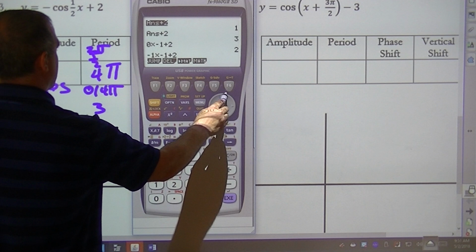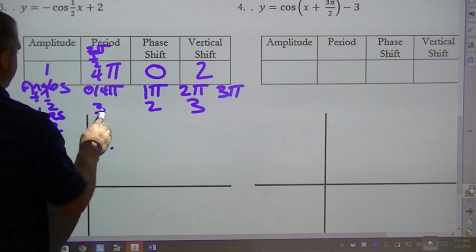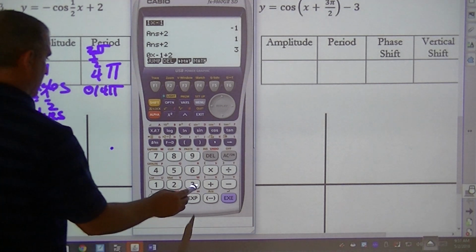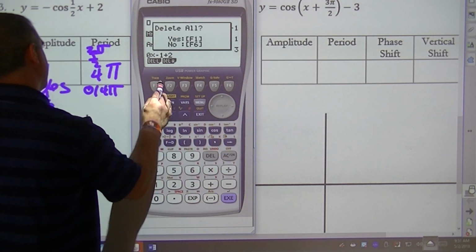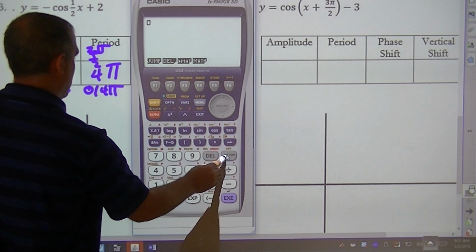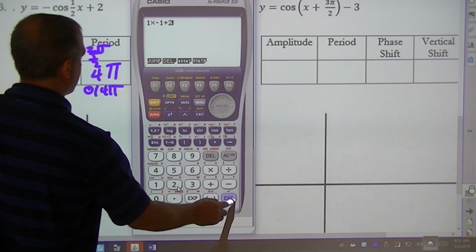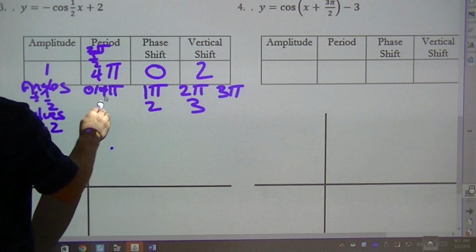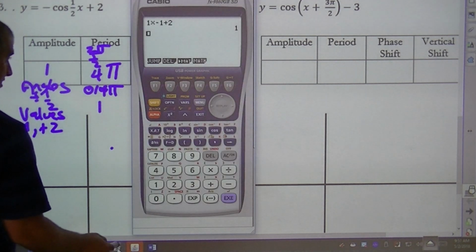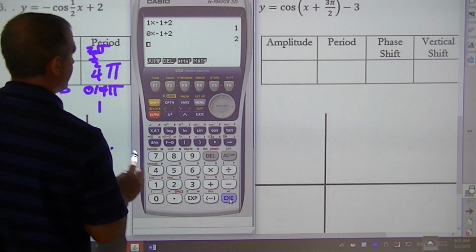Sorry, delete all this. It would be 1 times -1 plus 2. Sorry, that should be 1. And then the last one is 0 times -1 plus 2.